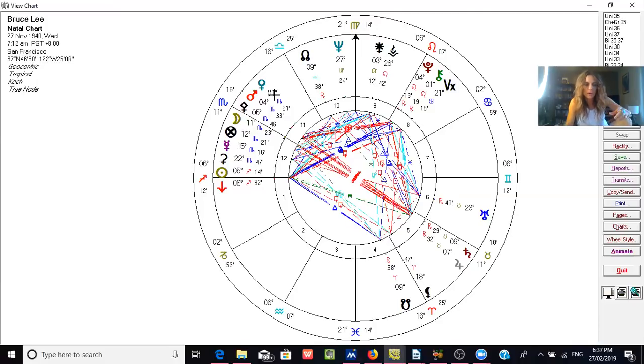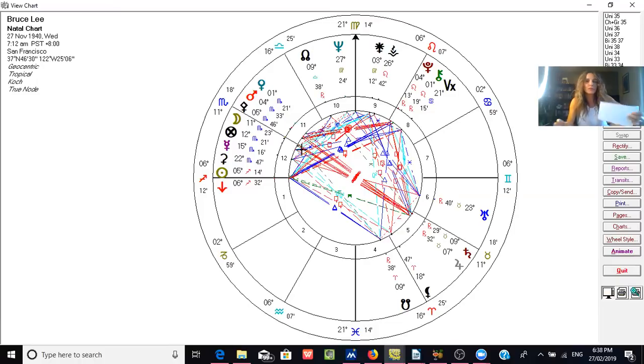So the ruler of the 11th house connects to the triplicity rulers, and the third triplicity ruler connecting to Bruce Lee's 11th house, which is Libra, an air sign. The third triplicity ruler, in the case of air being born during the day, happens to be the planet Jupiter, right?